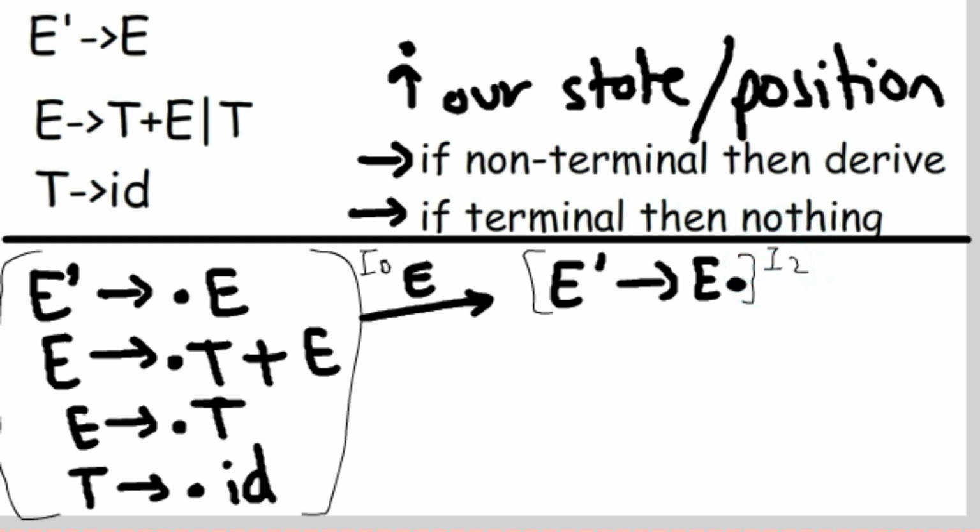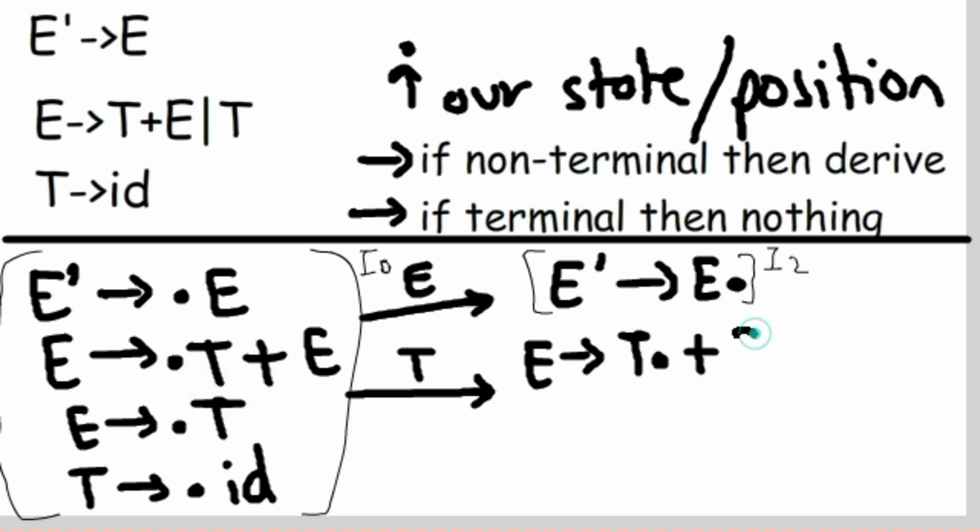Now look at this. This dot will read T and this dot will also read T. So let us create another item that reads T. Now this dot is reading T and this dot is also reading T. So what will happen? So E tends to T. This dot will read T and it will move here. So T dot plus E. And this dot will move here.